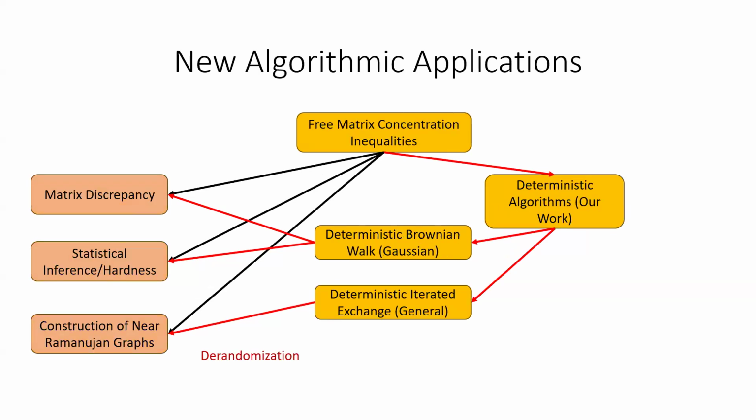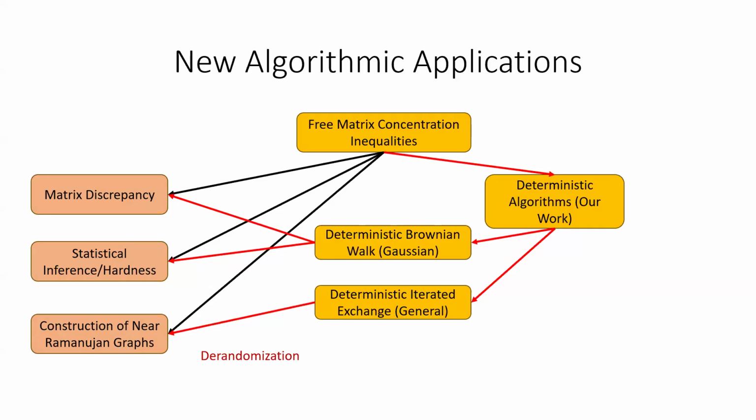But the new inequalities have been so far much more elusive because they're kind of complicated. But they also have some really nice new applications that could not be obtained before, in areas ranging from matrix discrepancy to statistical estimation and the construction of Ramanujan expander graphs, which I'll go into in more detail later.